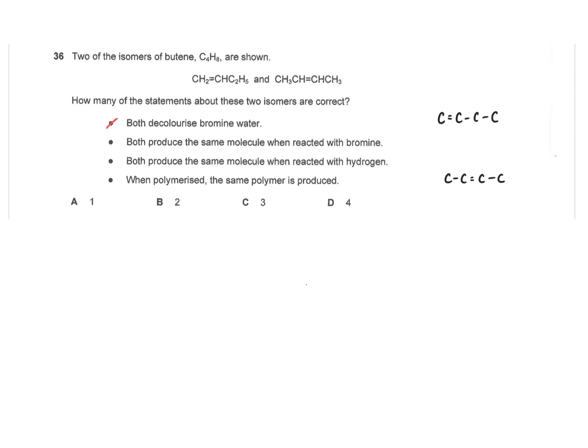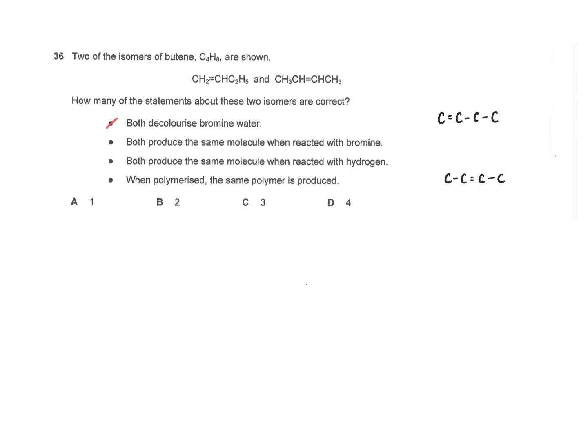The second statement states that both will produce the same molecule when reacted with bromine. That is not correct. The important thing to remember about addition is that the added atoms are added across the carbon atoms having the double bond.